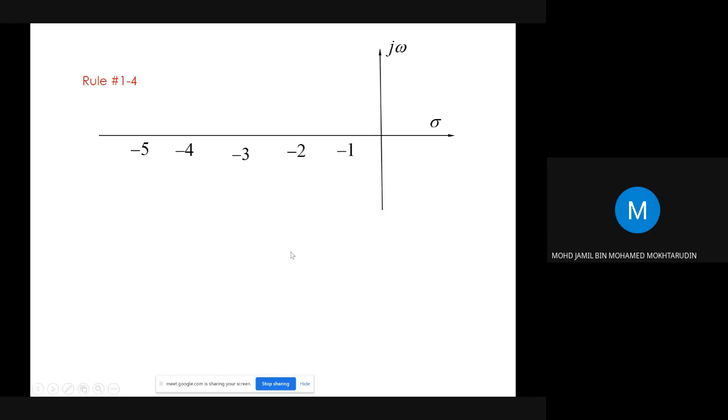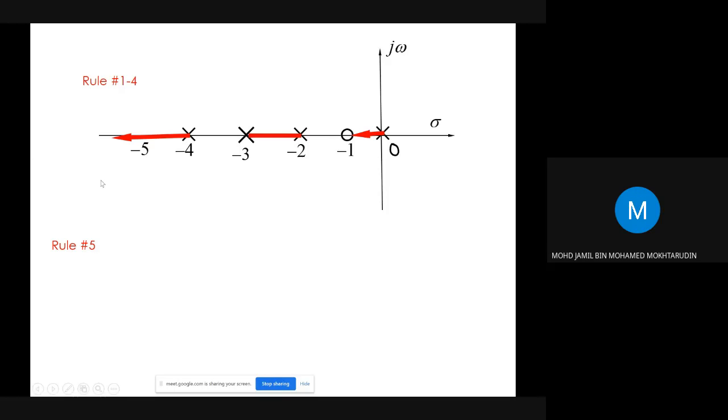Okay, so you plot the poles and zeros. So poles at 0 here, -2, -3, and -4. And the zero is at -1. And 3 more zeros at infinity.